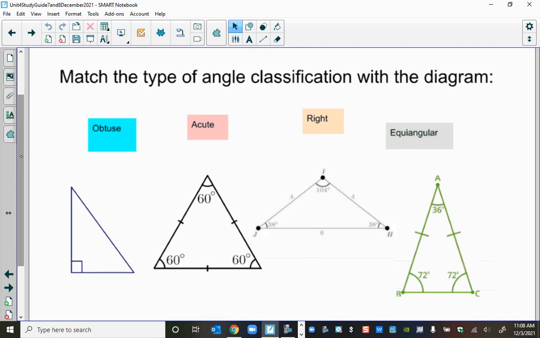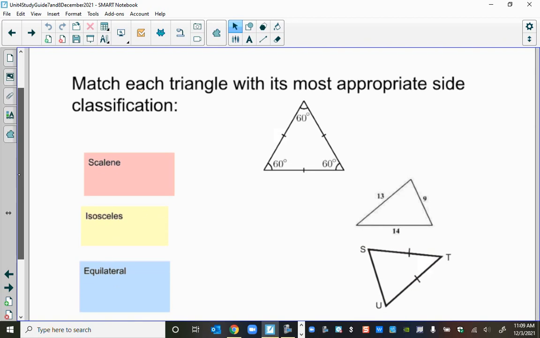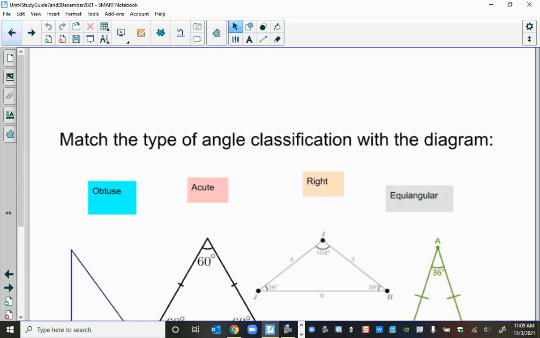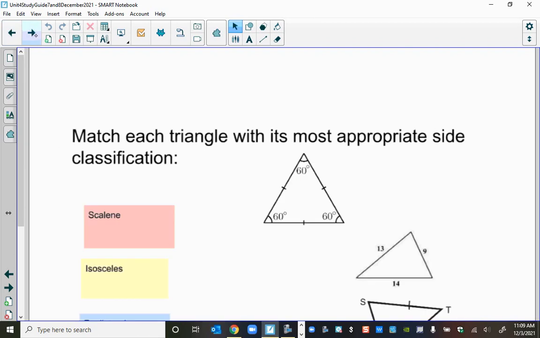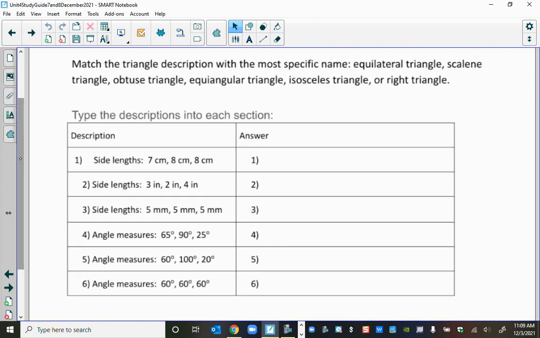Now, some of these are sometimes as simple as matching. A couple slides are just matching up. Look at your definitions. You should have them at the beginning. Check your notes. And then same thing. So the first three, you're matching up with what's given to you.